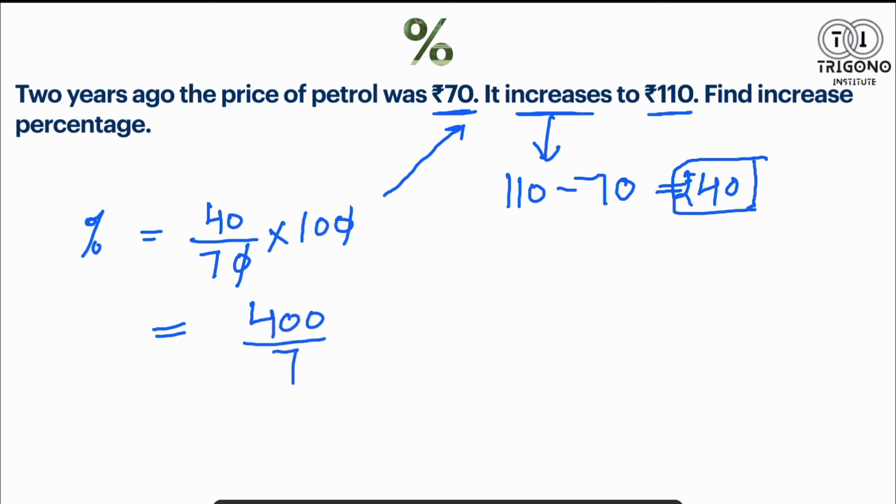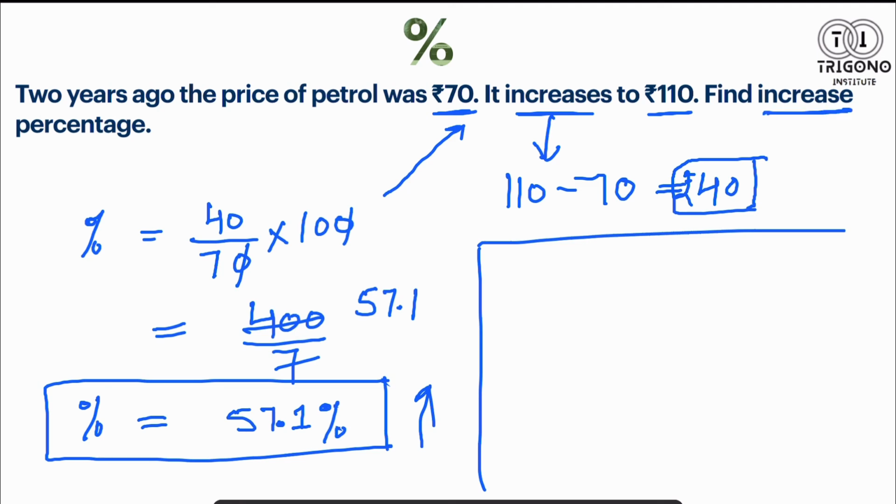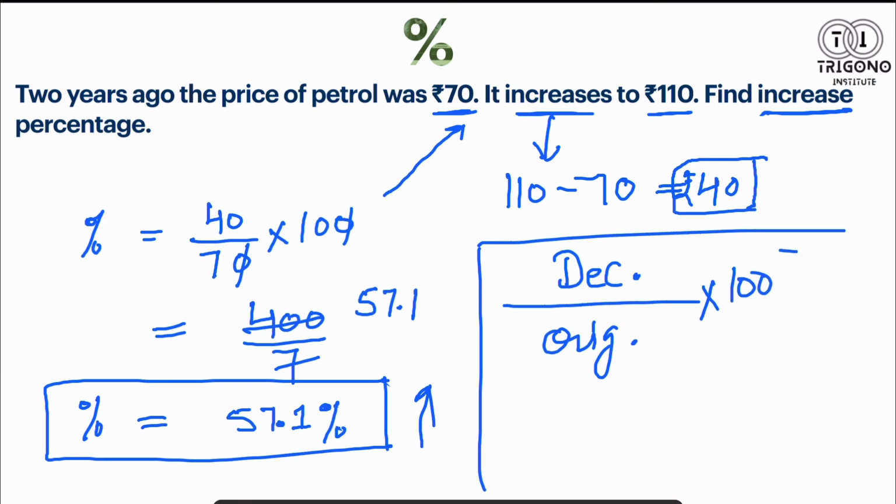If I divide it, I will get 57.1. So I can write 57.1% is the increment. If instead of an increase you have a decrease, you just need to find the decreased price, divided by the original value, multiplied by 100. So this is the basic formula to find it out.